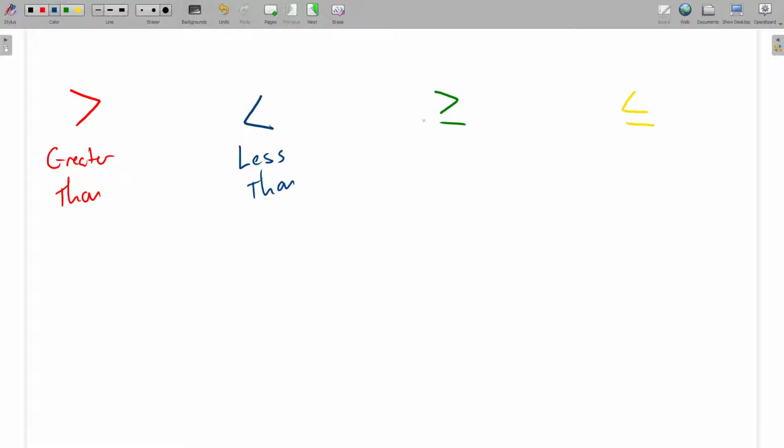Now the other two look very similar, but there's a line underneath it. And the line just means that it could be greater than as well, or for the line underneath, equal to. And finally, the last one, following the same pattern, is going to be less than, or equal to.